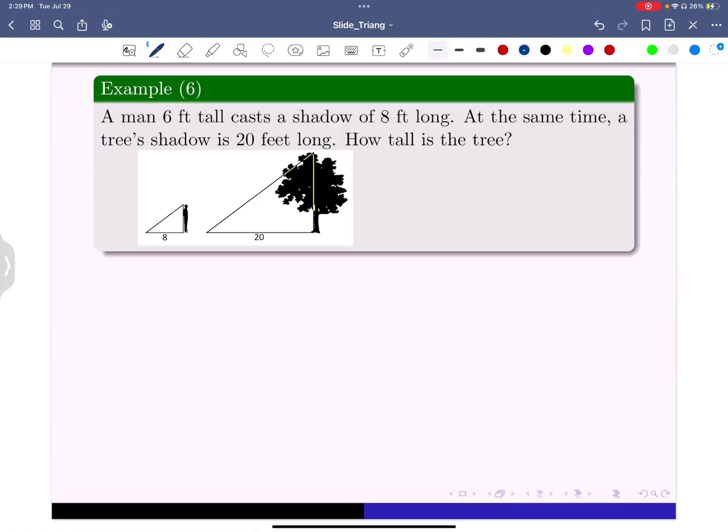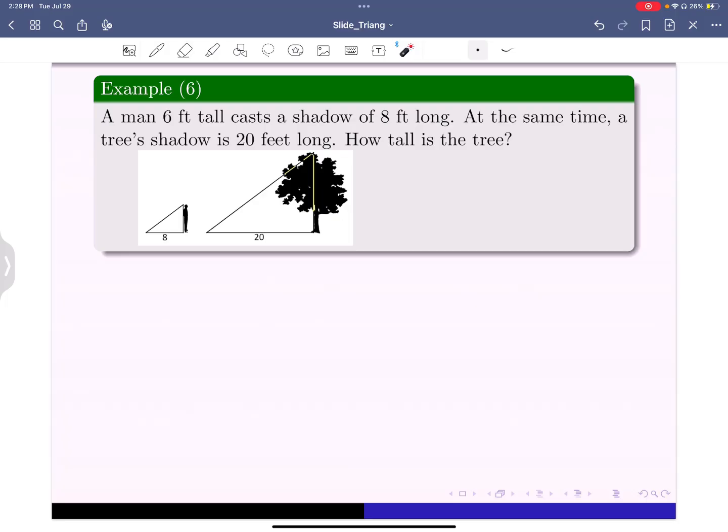A man 6 feet tall casts a shadow 8 feet long. So 6 feet, here is his shadow. At the same time, a tree's shadow is 20 feet long. How tall is my tree?